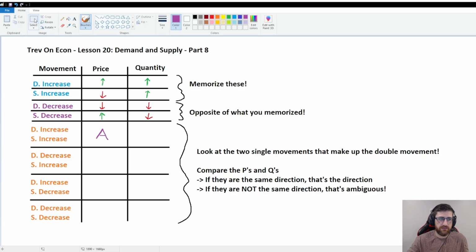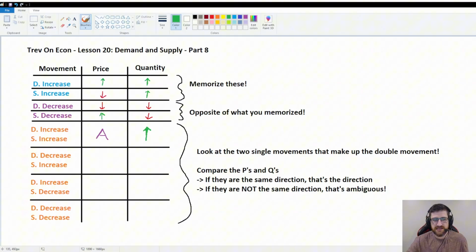However, if we look up here, their quantities, they are the same direction. So guess what? This one is going to go up. Okay. Again, if you like challenging yourself, you can pause the video here and try and do the other 6, but we'll do them together nonetheless.